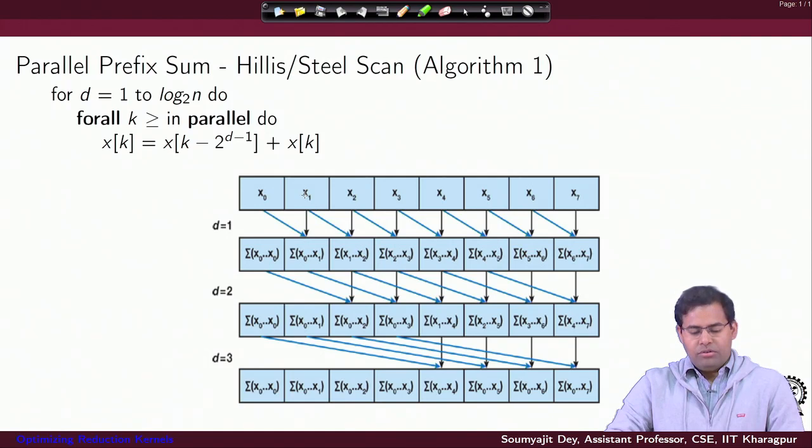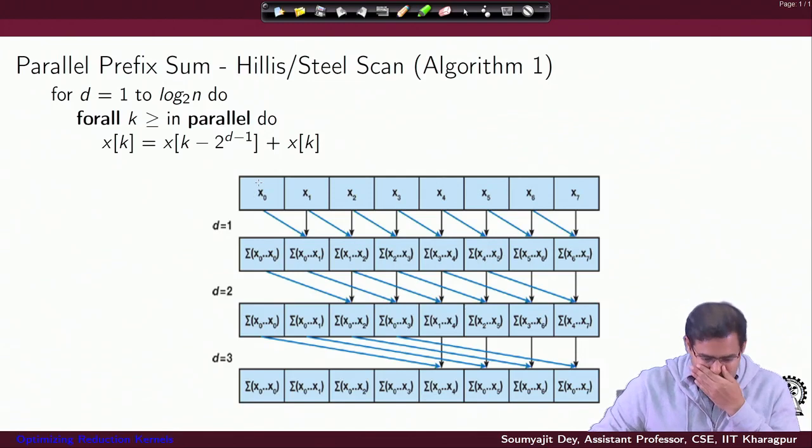Since my total number of locations is 8, I am operating here with 4 threads. Of course, that is required because every thread is going to add its own location's value along with the preceding location's value. Own location means, assuming an access expression which is identity, just location x for TID, x as the TIDth location, that is what I would say.